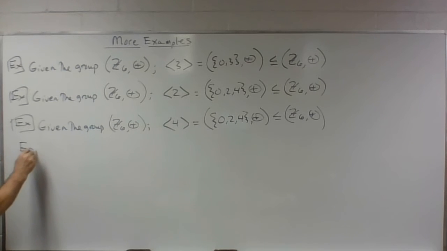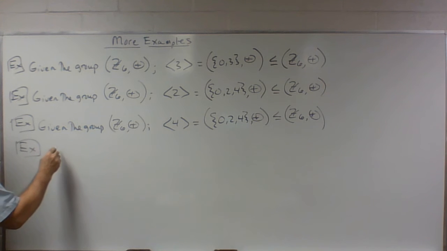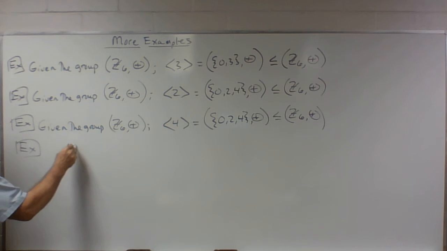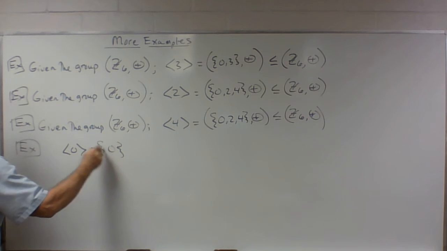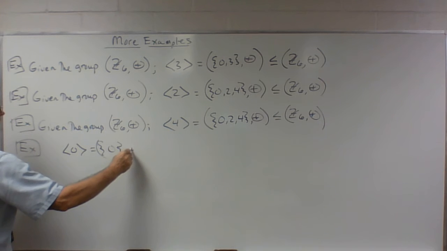Now let's see, what are the other elements of Z6? 0, of course, just generates the group that contains 0 and nothing else.